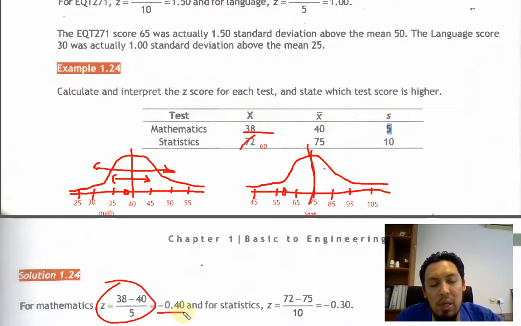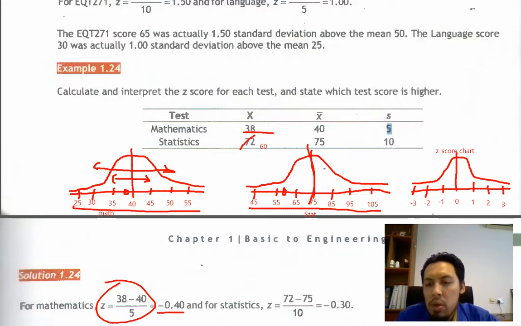By the way, when you calculate a z-score, by default, the x values at the bottom of this chart will change to 0 and 1. So this is the z-score chart.